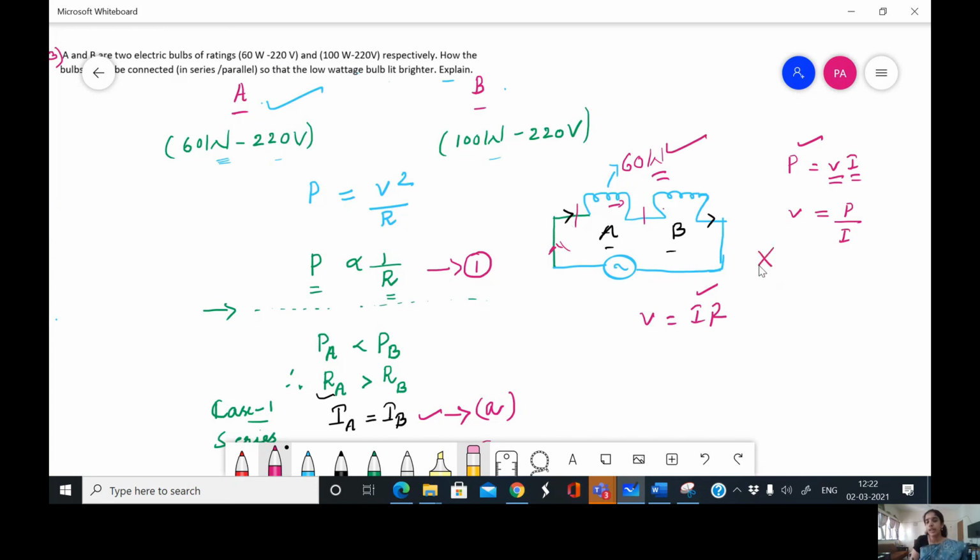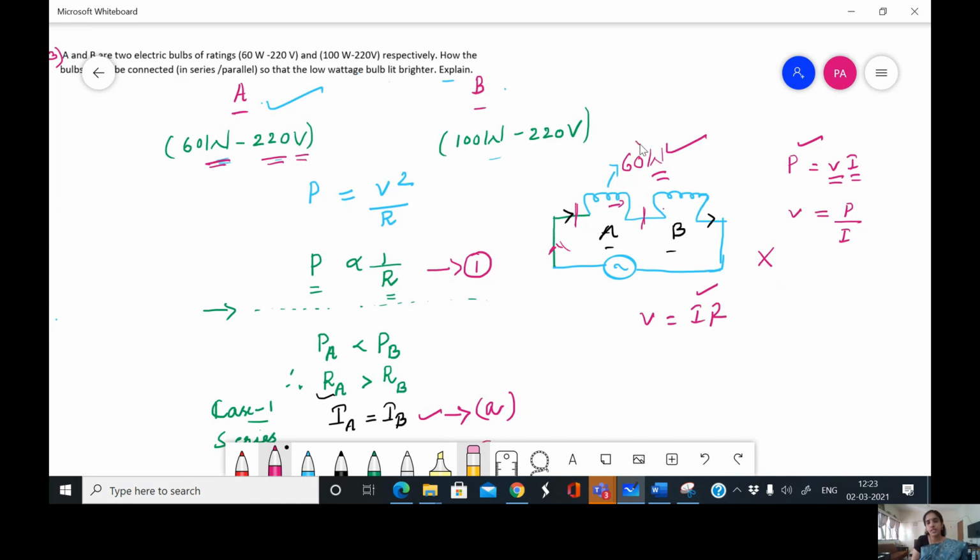It is wrong. Why? Because the question says we will get 60 watt output if you provide 220 volt. And when we connect the bulbs in series to a 220 volt supply, we are not going to get 220 volt across each of these components. It will be less than 220 volt, that is clear. So if the supply voltage is less than 220 volt, then definitely power will be less than 60 watt.